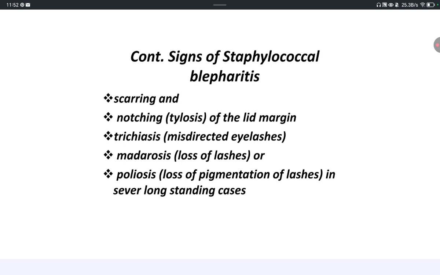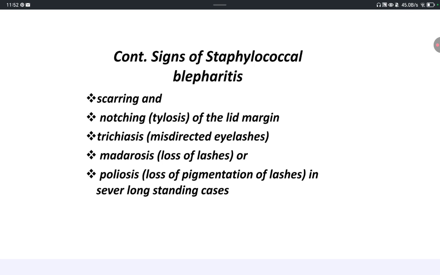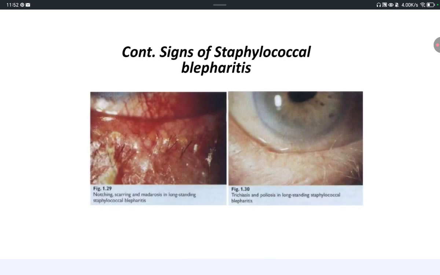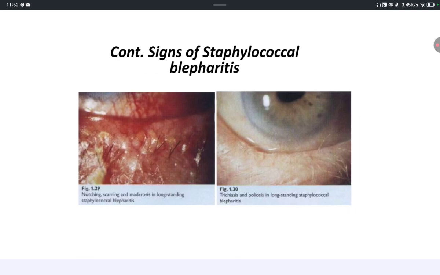Madarosis means loss of lashes, and poliosis means loss of pigmentation of the lashes, in severe long-standing cases. So these are other signs and symptoms: change in the color of the lashes and sometimes loss of the lashes.